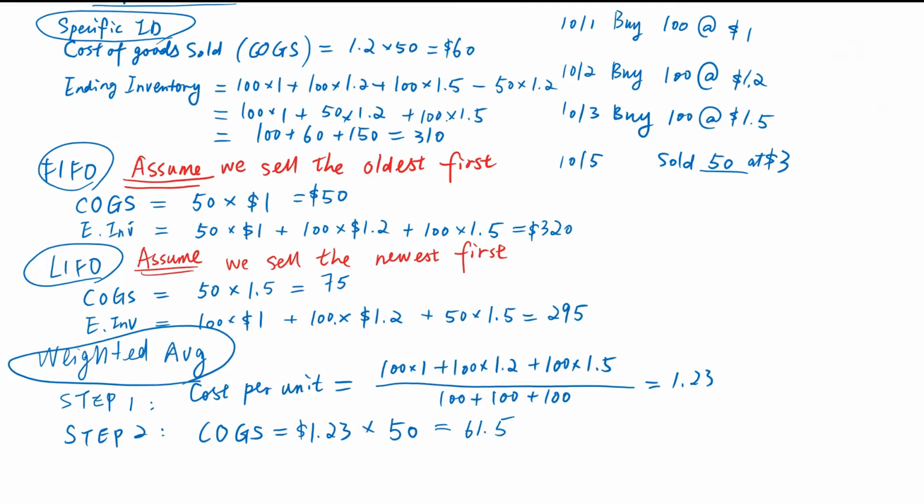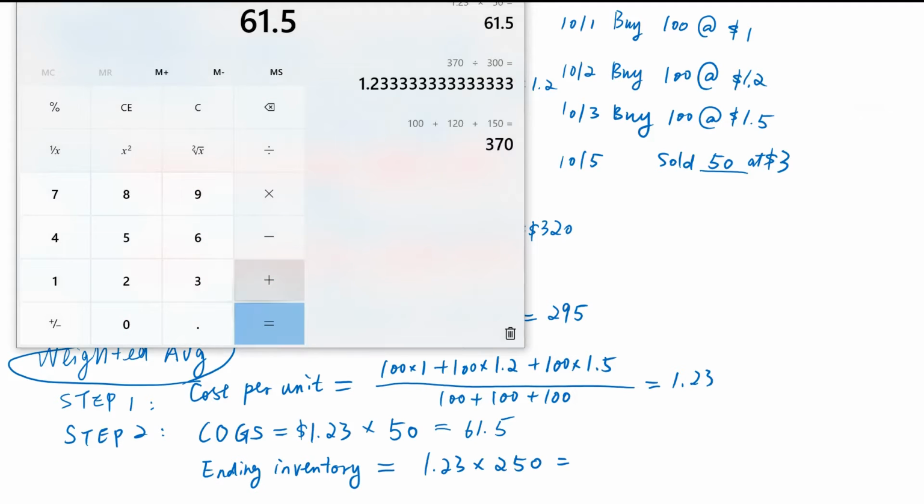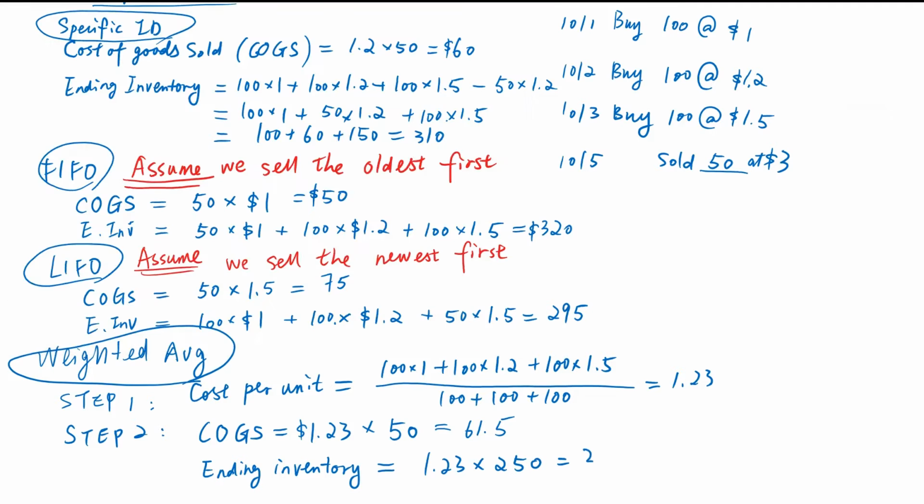And then your ending inventory, meaning what's left in your inventory, is $1.23 times the 250 apples that are left. So that gives you $307.50.